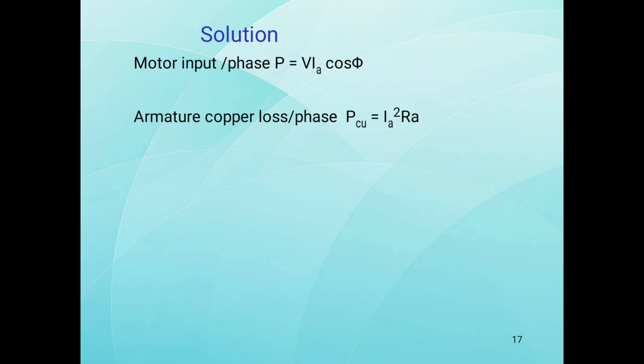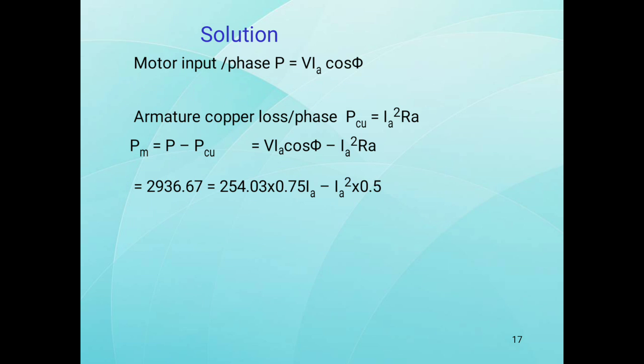Now armature copper losses per phase Pcu is equal to I squared Ra, and the mechanical power is equal to input power minus copper losses, that is equal to V Ia cos phi minus I squared Ra, that is 2936.67 equal to 254.03 into 0.75 Ia minus I squared into 0.5.